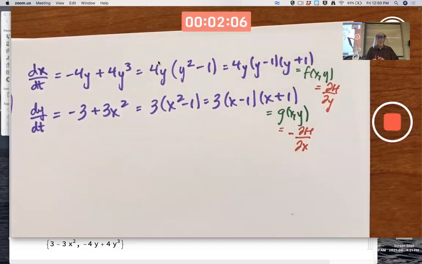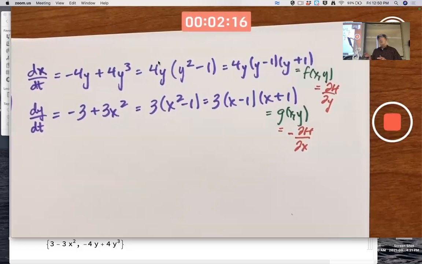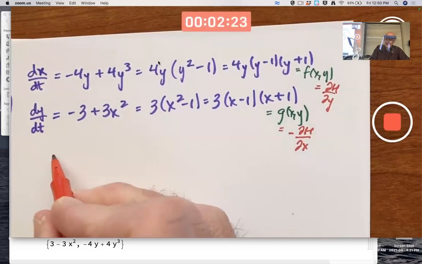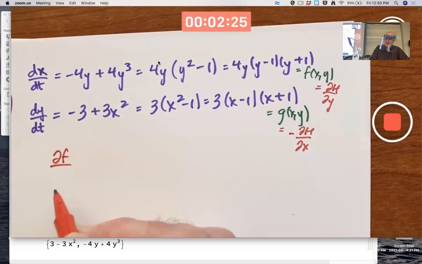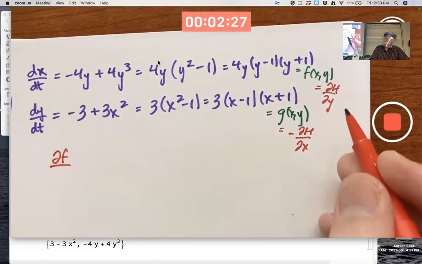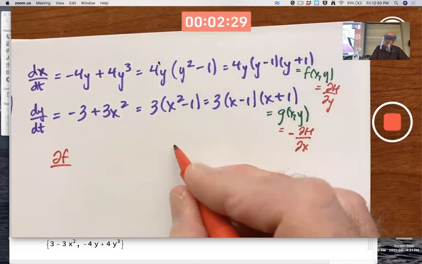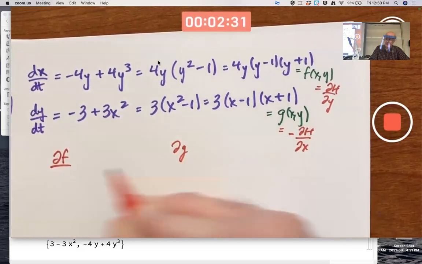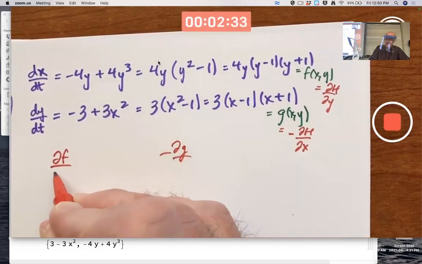If we wanted to confirm that this is truly Hamiltonian, there was a condition that could have come up on the test for Hamiltonian systems. I forgot if it came up for Hamiltonian or gradient. One of those two it came up on the test. We need to check, does the derivative of f with respect to, careful, with respect to x always equal the derivative of g with respect to y, or the opposite, excuse me, of that?